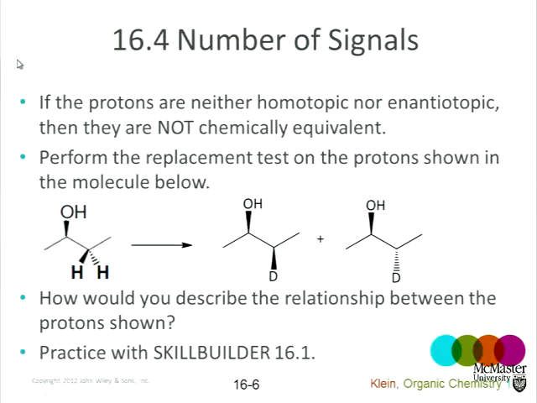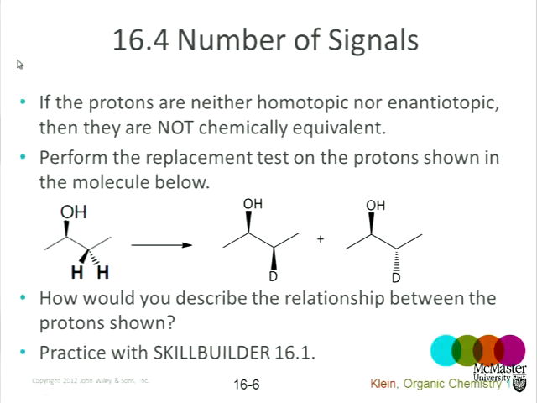And so here, it's important to recognize that as I put a D in the wedgie position, a D in the dashie position, those two molecules cannot be superimposed. In this particular case, those two hydrogens, even though they're on the same carbon, would have different chemical shifts. And so we would see, in that case, two signals.